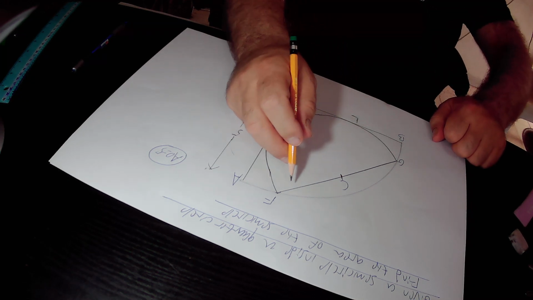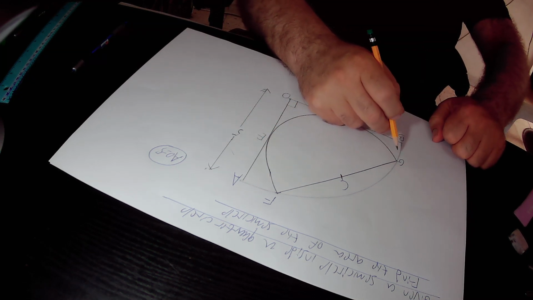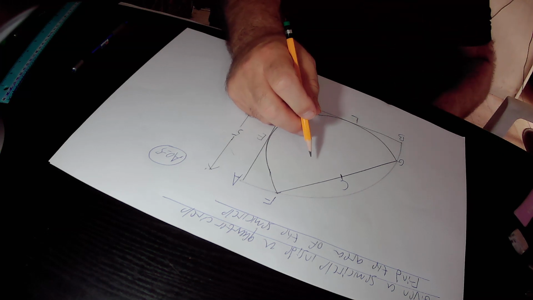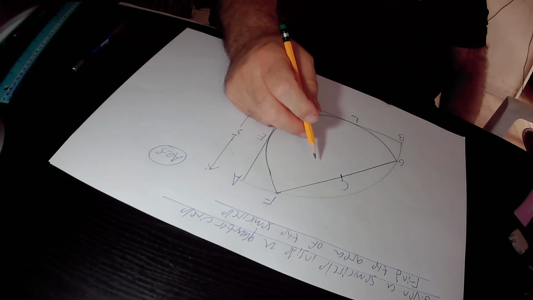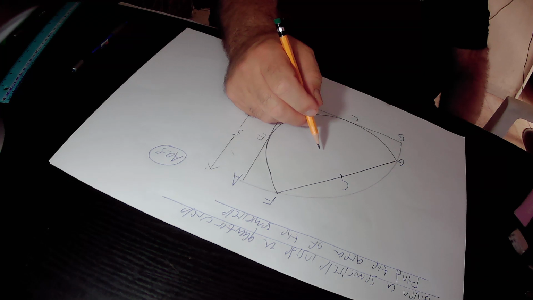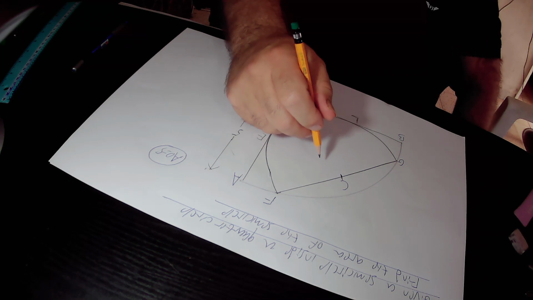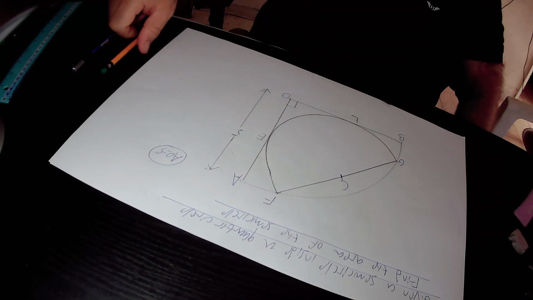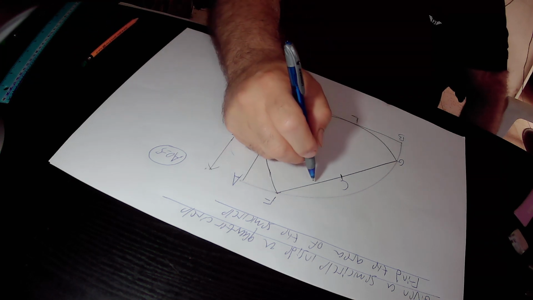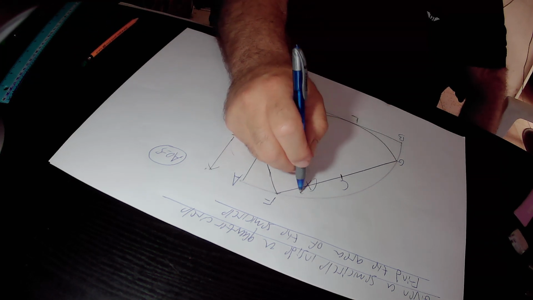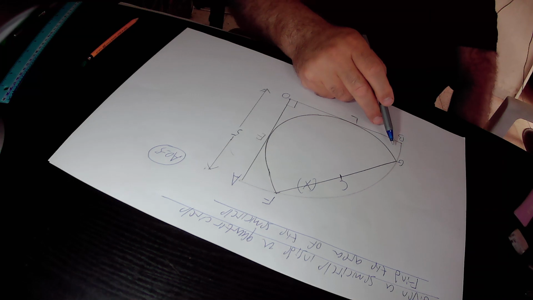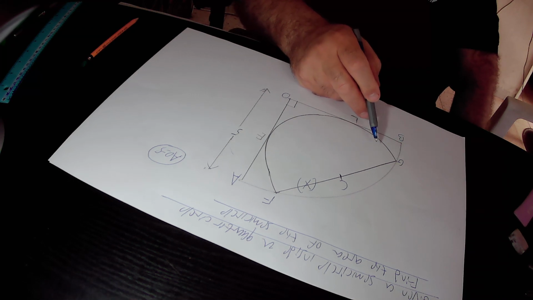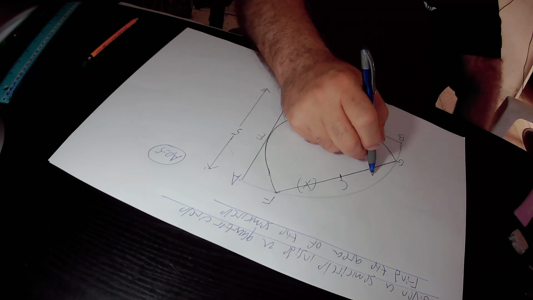So CF equals CG, they are both radii of this semicircle. That equals x according to our definition. Therefore CF equals x. And the radius CG of this semicircle also equals x according to our definition.